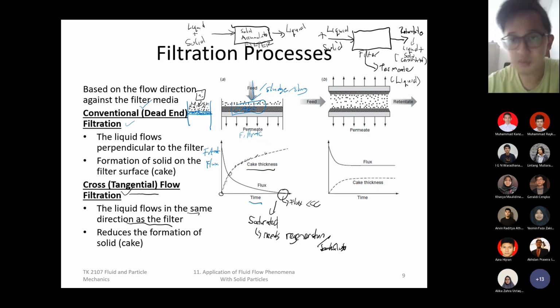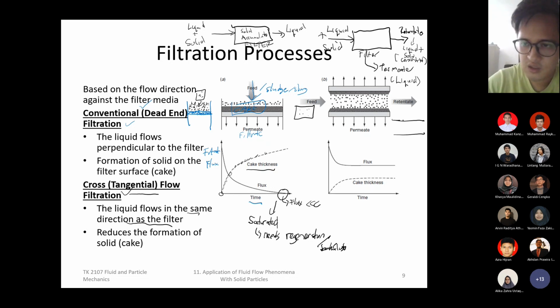Why is it possible? So you can see over here the flow or the configuration of the process when we have a feed that contains some solid. Initially it was still clean. Of course, initially the bed can be considered clean.